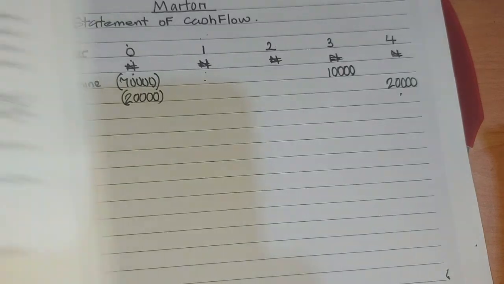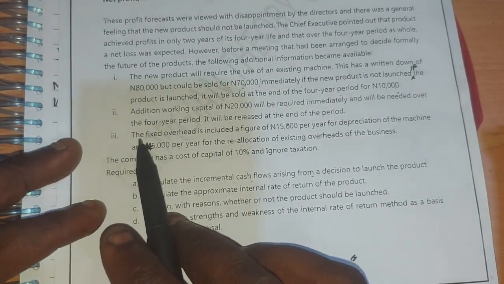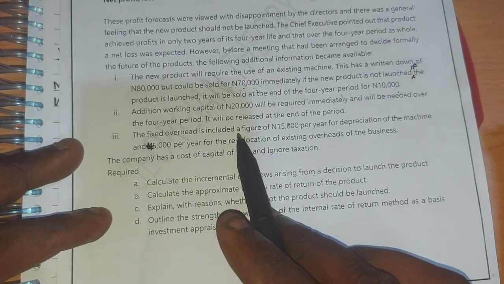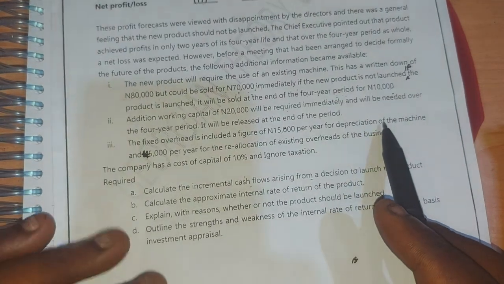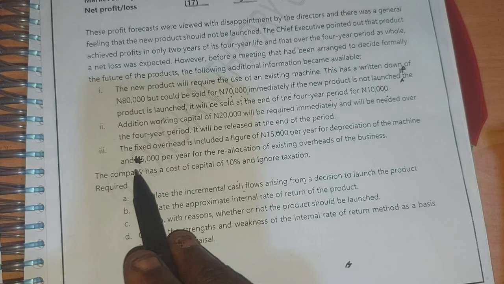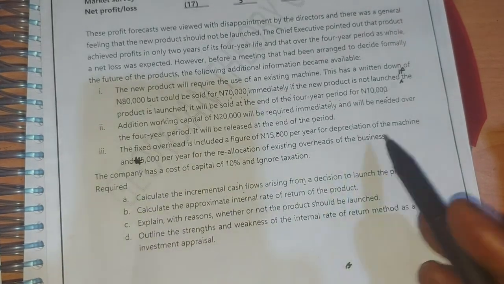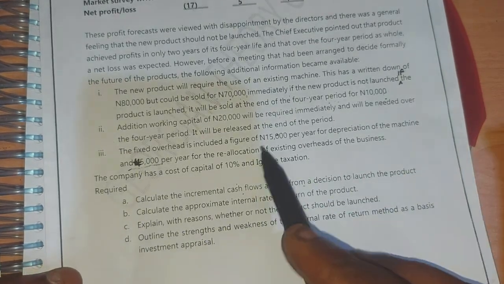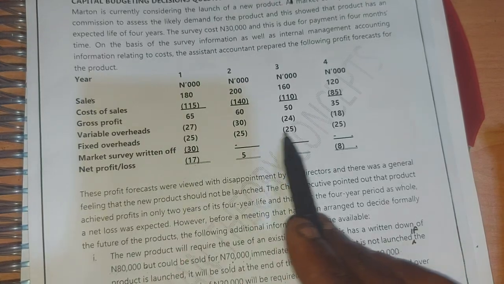Now, the next additional information says that fixed overhead includes a figure of 15,000 per year for depreciation. Don't forget, depreciation is not a cash flow; it's an appropriation of figure. And 5,000 per year is for reallocation of existing overhead. When you add these two together, we need to remove it from our fixed overhead.